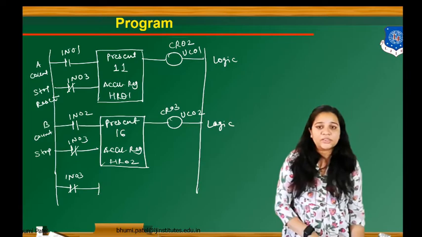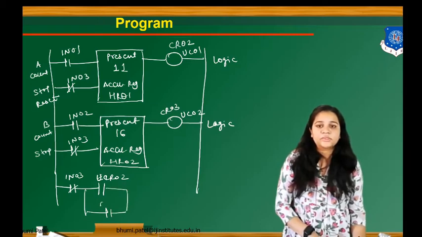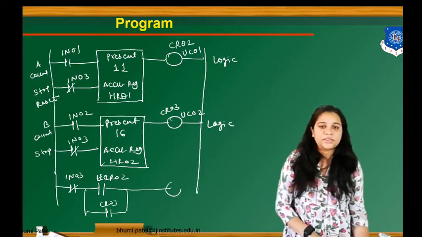Now either A or B will turn the machine on. The A output is CR02 and the B output name is CR03, and we write the output coil name as CR01.